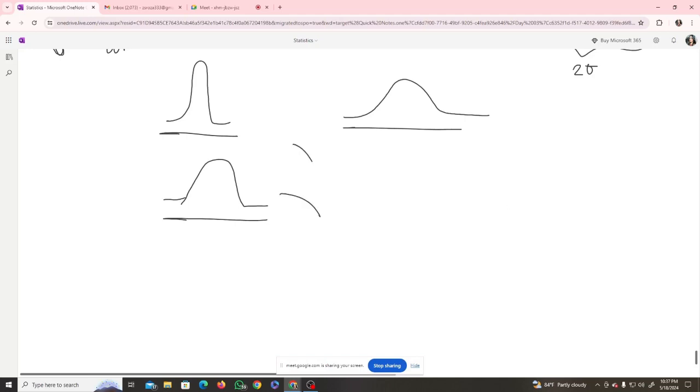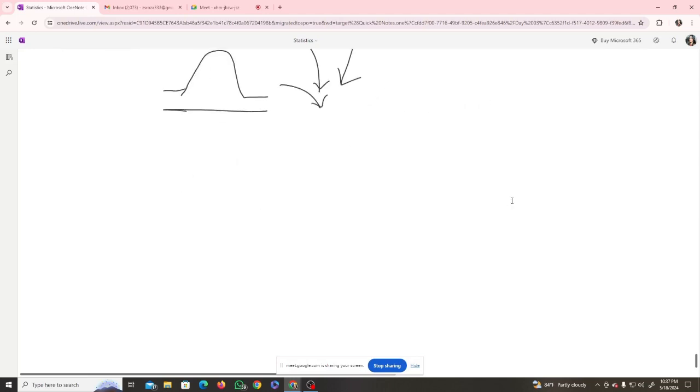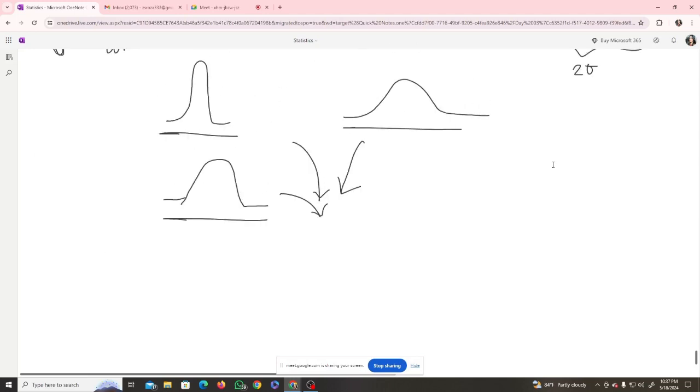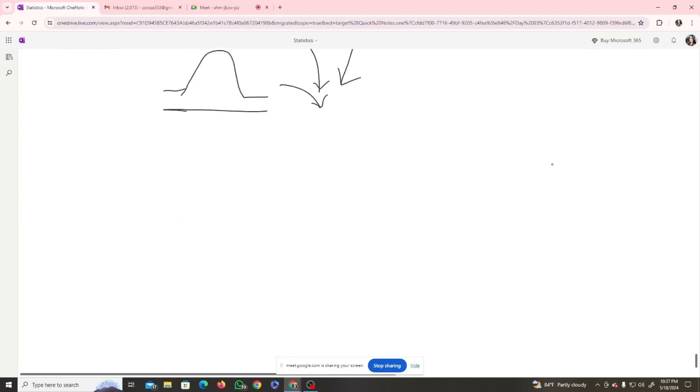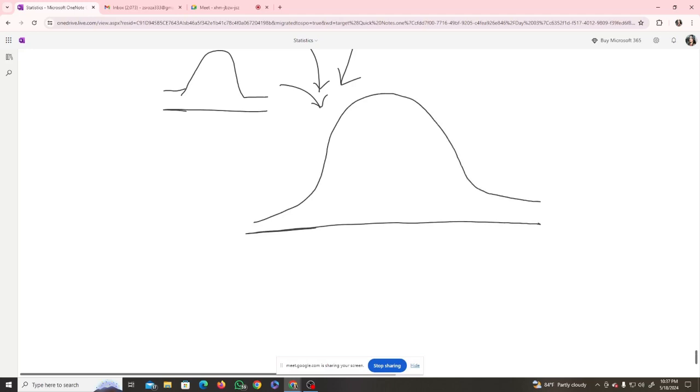But you want all of them to look alike, for your calculation to be simpler. You convert them all to a distribution which has a mean of 0 and standard deviation of 1, and it exactly looks like a bell shape.